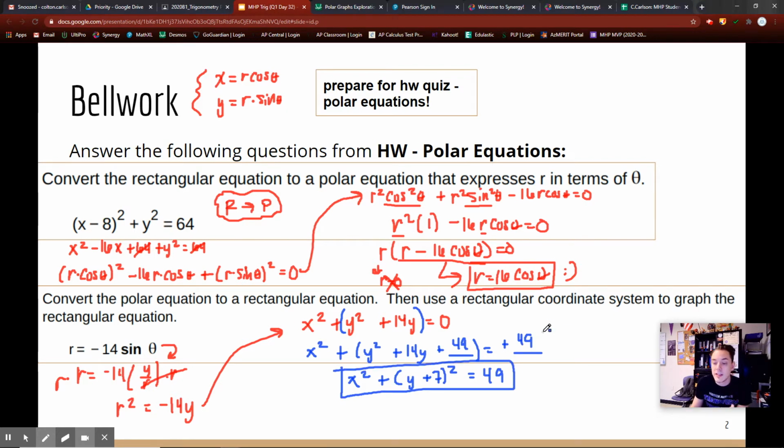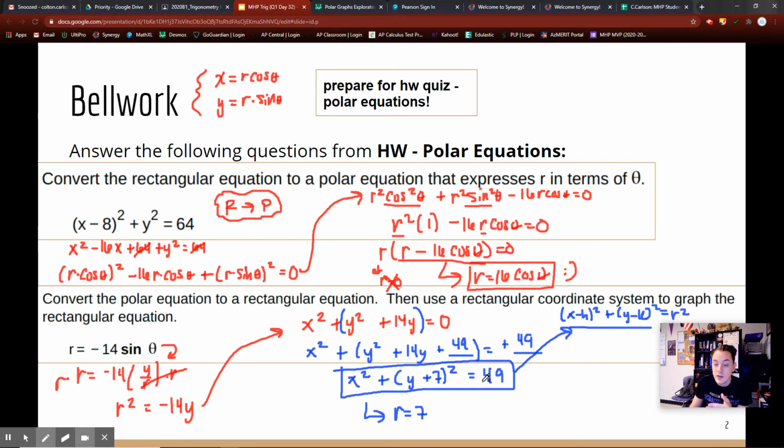Now it does say use the rectangular coordinate system to graph the rectangular equation. How do I graph that? Well, this tells me that my r squared is 49. That's my actual formula for a circle. If you guys remember, my formula for a circle is x minus h squared plus y minus k squared equals r squared. H and k are my center, and r is my radius.